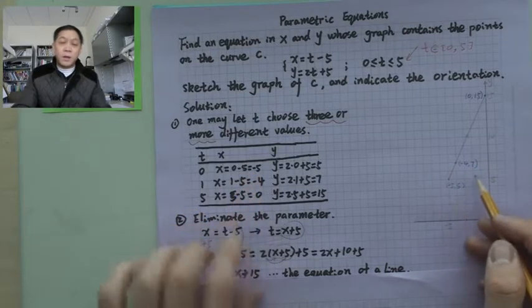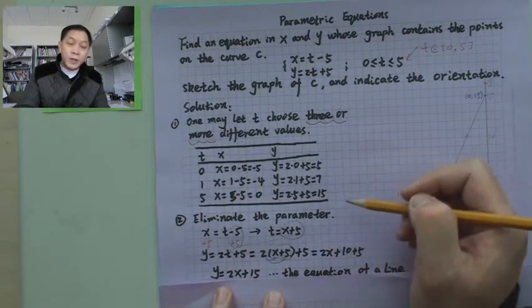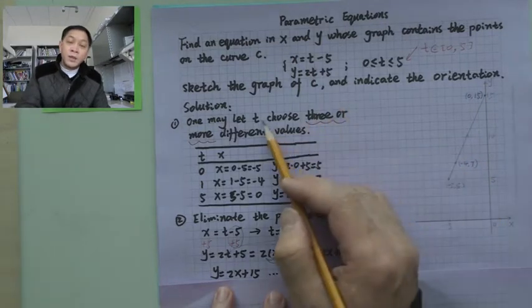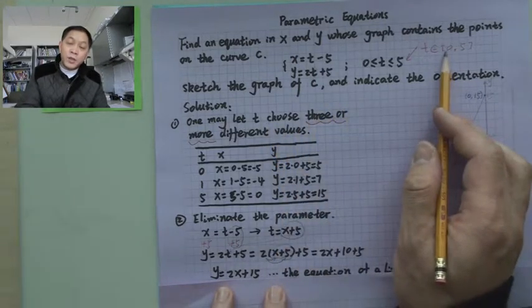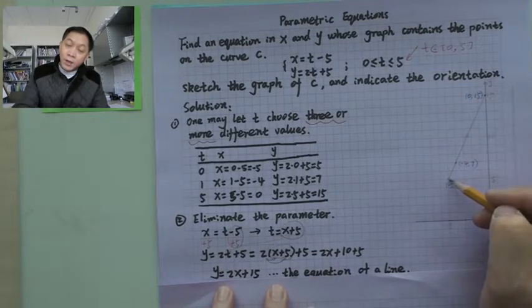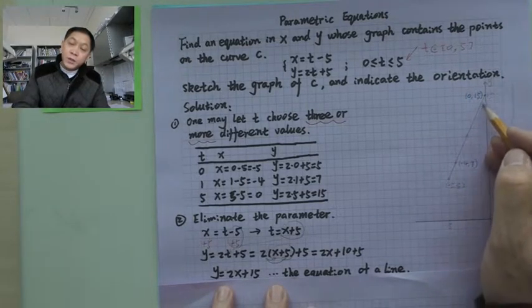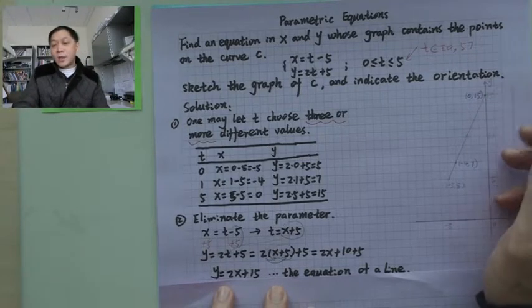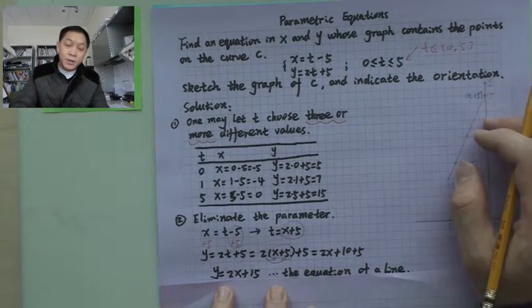We know t needs to go from the smallest to the biggest, then the orientation is from the lower point to the top point, and it's only a line segment.